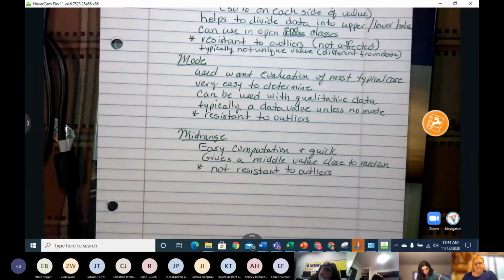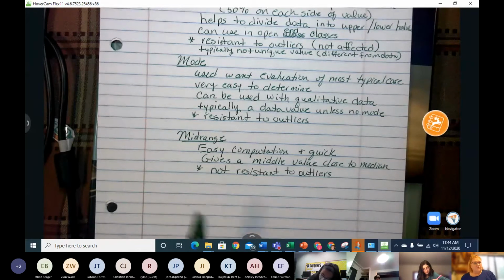And it is not resistant to outliers. And that is the case because your outliers are generally your smallest and highest values. So you're using your smallest and highest values there. So that is very much the case that it's not going to be resistant to outliers.